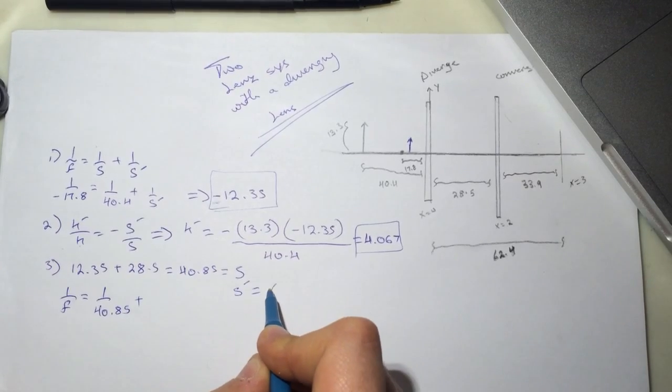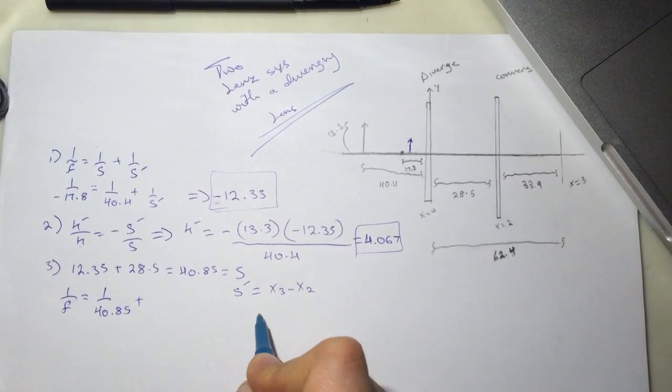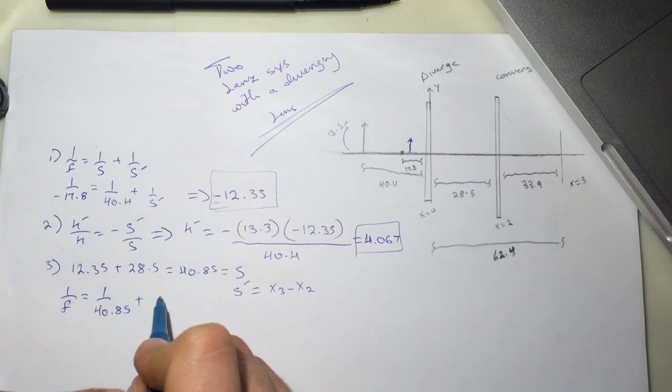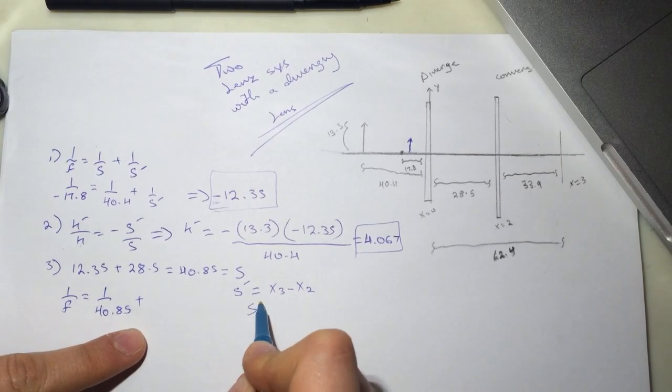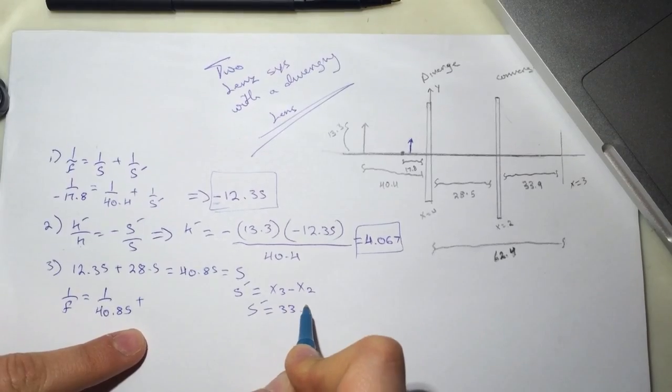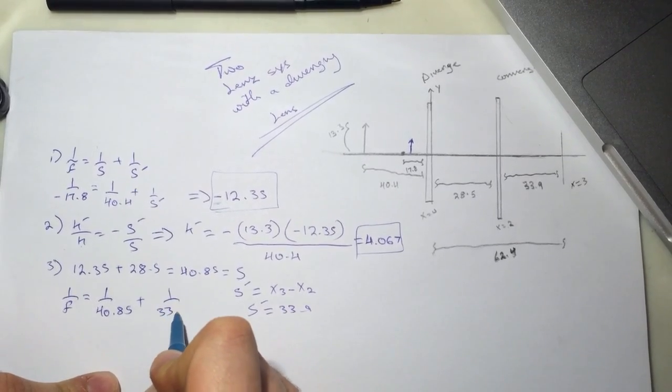So S prime is equal to x3 minus x2. Then you'll get this guy, and S prime for me was 33.9. Just 1 over 33.9.